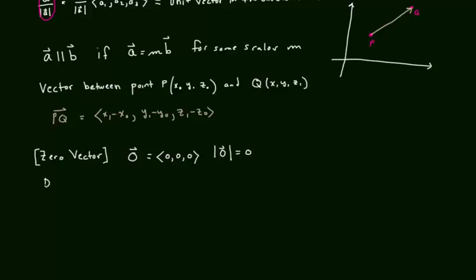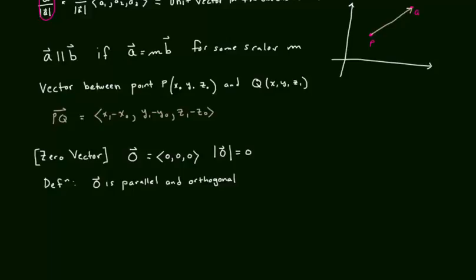Now this is a definition that's required, and we say that the zero vector is parallel and orthogonal. Now orthogonal is a fancy way for saying perpendicular.